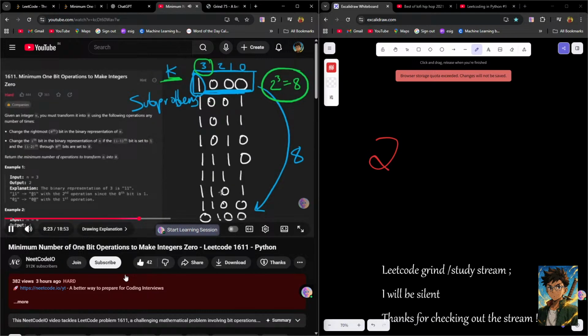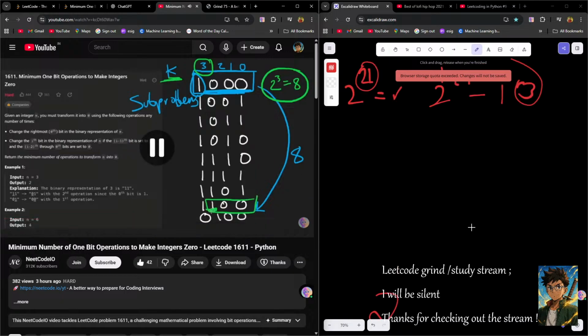Let's think about it. Let's look at this 1, 0, 0. How many steps did it take us to get here anyway? How many steps would it take us to remove the 1 here?